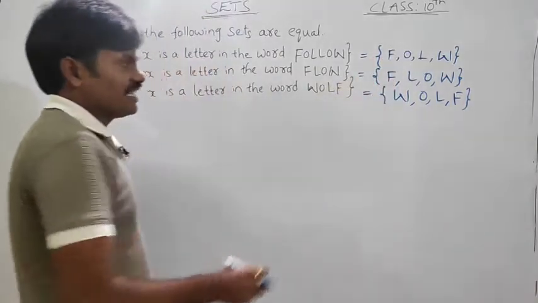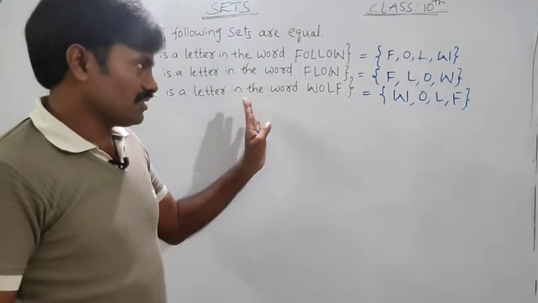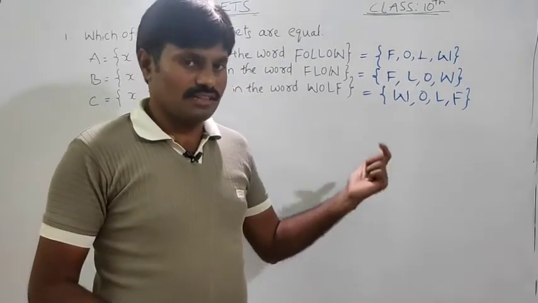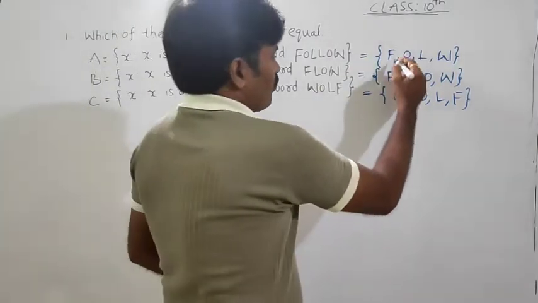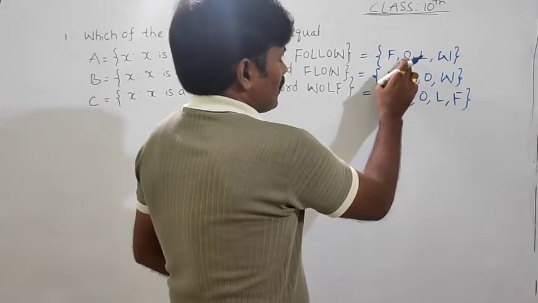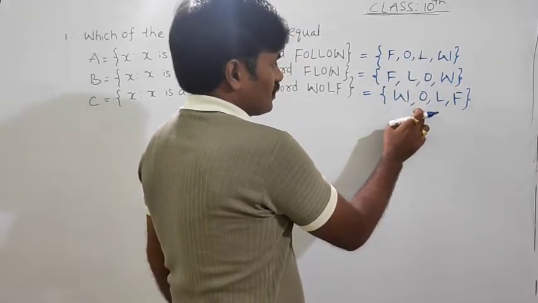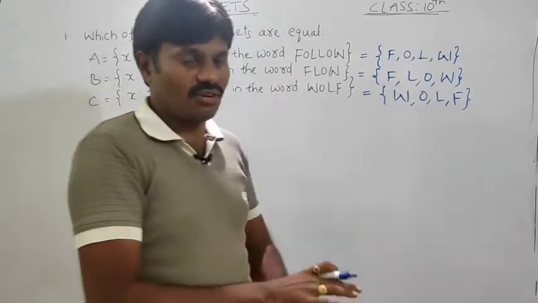Now if you observe these three sets, an important point is that writing in list form is also called roster form. Now the comparison: if we compare, F is present in all these sets, O is also present in 3 sets, L also present in 3 sets, W also present in 3 sets, and no other letters.